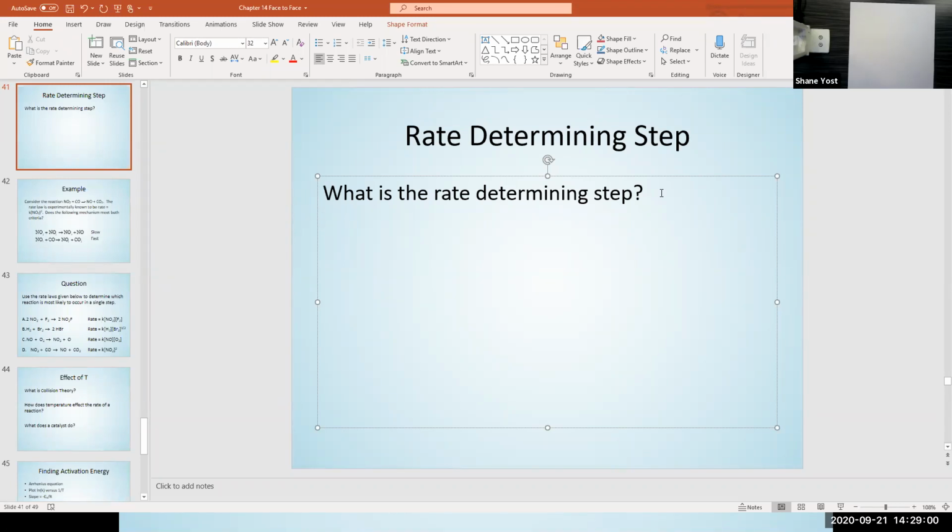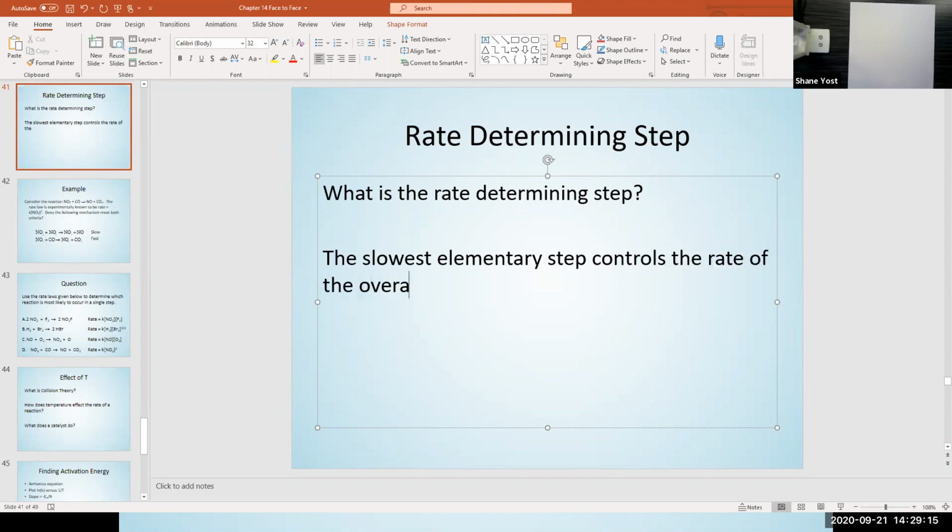Yeah, it's the slowest, right? So the slowest elementary step does what? The rate of the overall reaction.